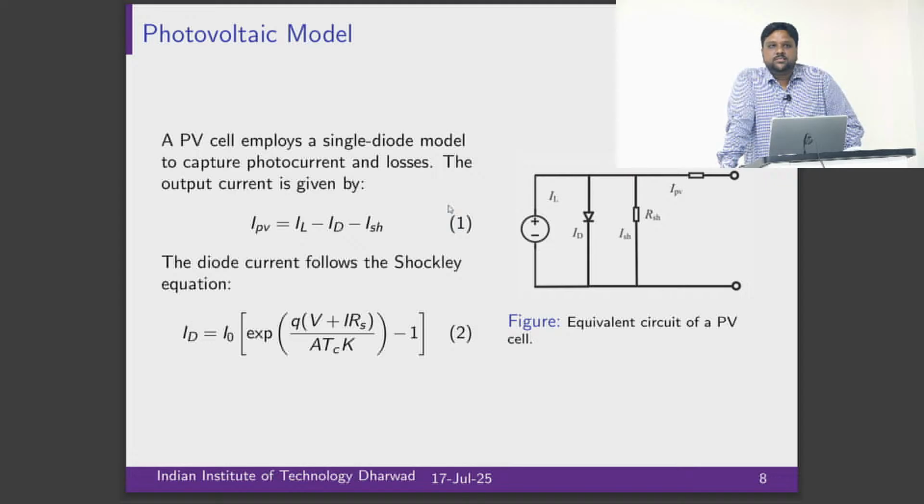Series resistance is basically a representation of the ohmic losses or contact losses involved in the solar PV panel. Okay. And the RSH, the shunt resistance, is a representation of the leakage current that passes through the solar PV panel. Okay. And the ISH is that leakage current. To represent the leakage current through the solar PV panel, we represent it as a parallel branch.